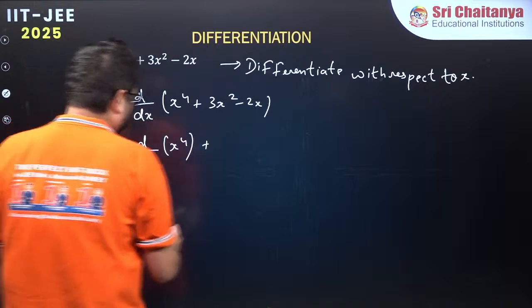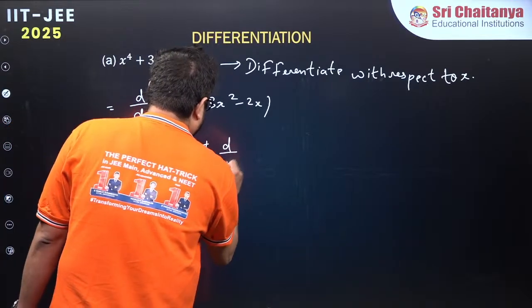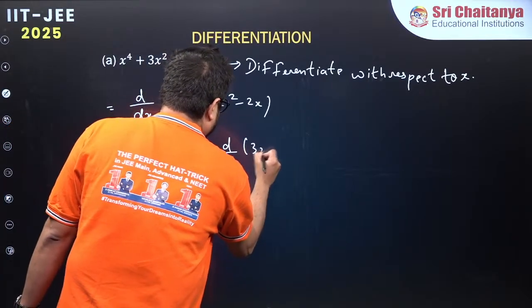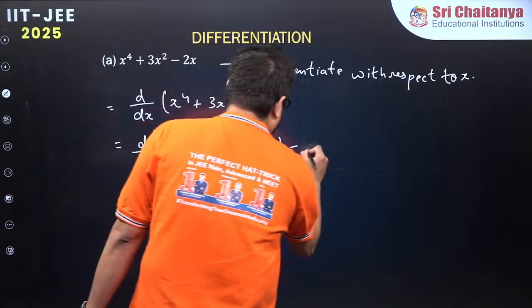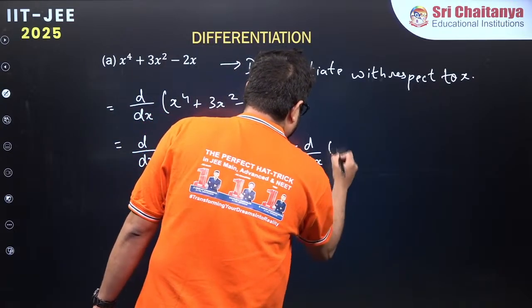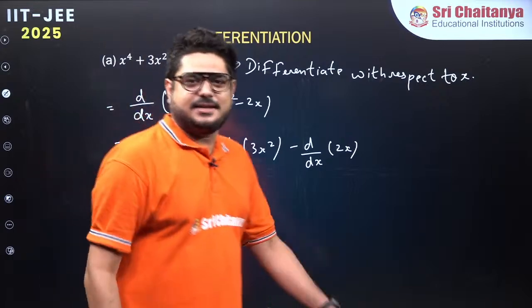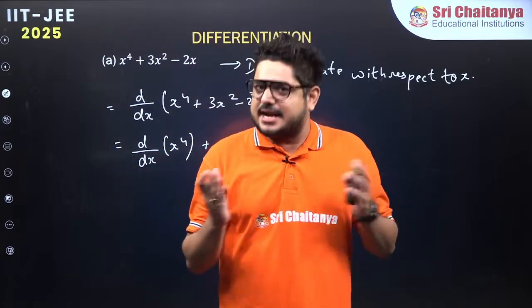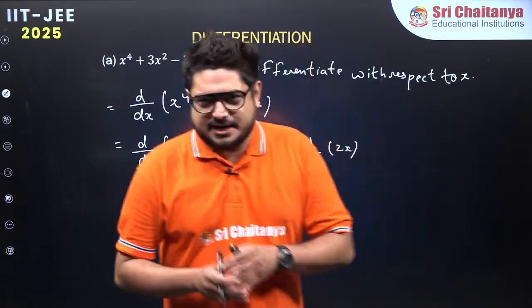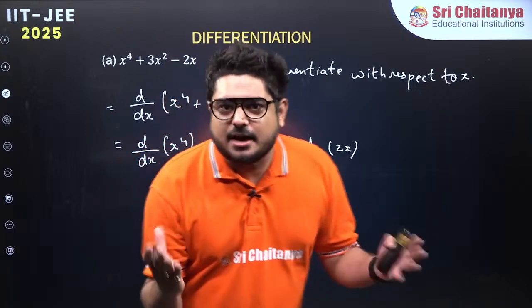So d by dx of x to the power 4 plus d by dx of 3x square minus d by dx of 2x. You are just multiplying this operator with all the terms inside the open brackets, isn't it? So now what needs to be done over here?